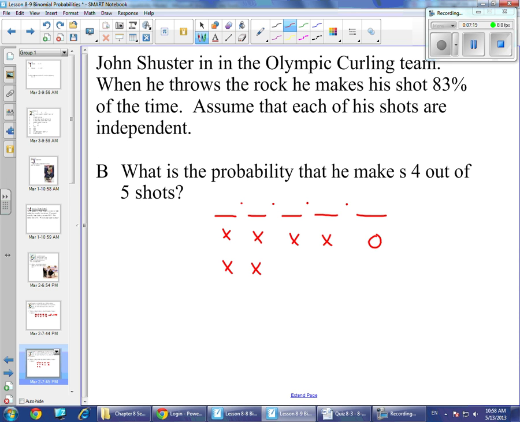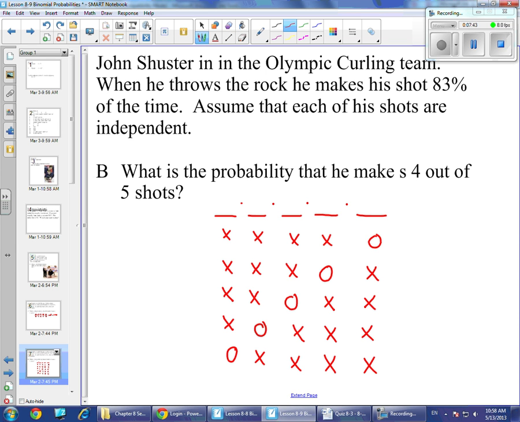He could make the first 3, miss one, and make the last one. He could miss the middle one, miss the second one, or miss the first one.